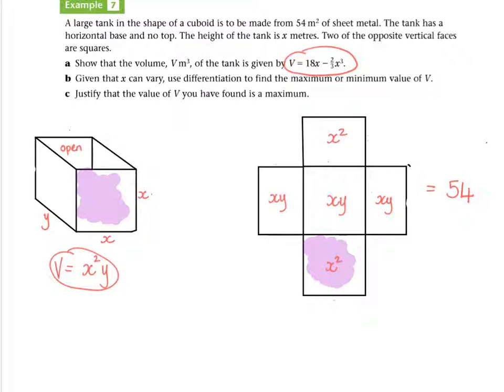So I'm going to call this volume equation 1, and I'm going to get the surface area 54 is equal to 2 lots of x squared plus 3 lots of xy. And if I rearrange that, I get 3xy is equal to 54 minus 2x squared.